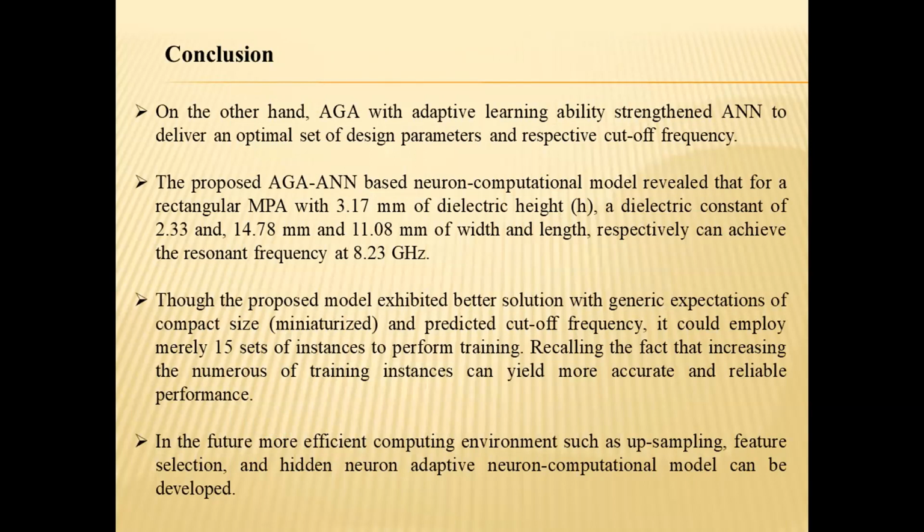The proposed AGA-ANN based neurocomputational model shows that a rectangular microstrip patch antenna with 3.17 millimeter height, 2.33 dielectric constant and 14.78 millimeter width and 11.08 millimeter length respectively can achieve the maximum resonant frequency of 8.23 gigahertz, which is sufficient for low size compact microstrip patch antenna for ultra wideband application.